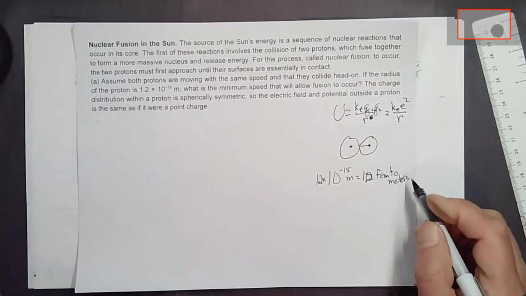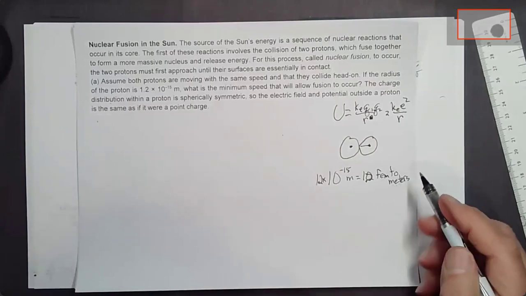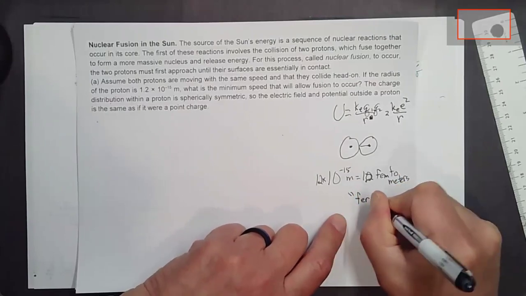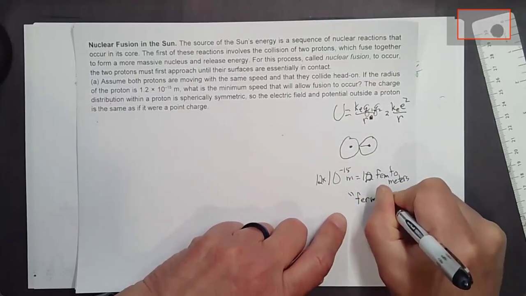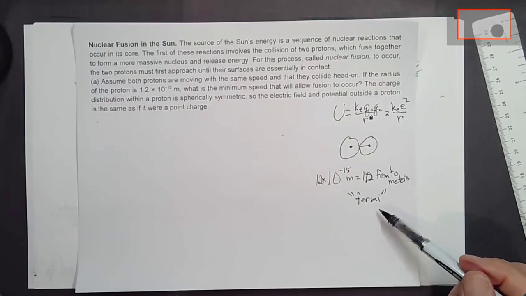But when I was in grad school in physics, nobody called it a femtometer. Everyone called it a Fermi. And this is not an official International System of Units unit, but it's what everybody in nuclear physics calls it.